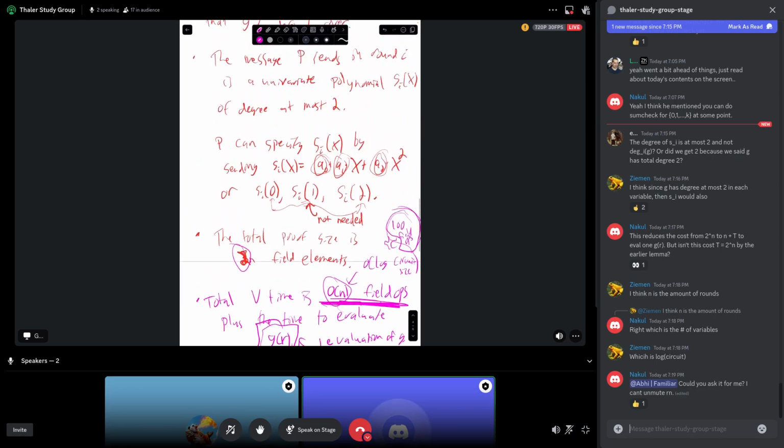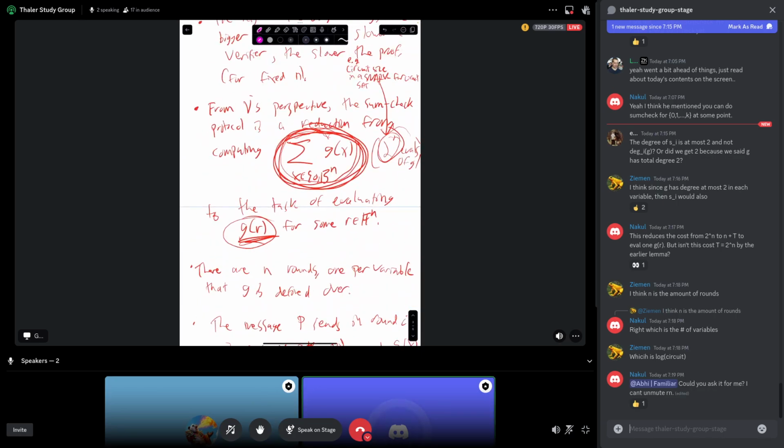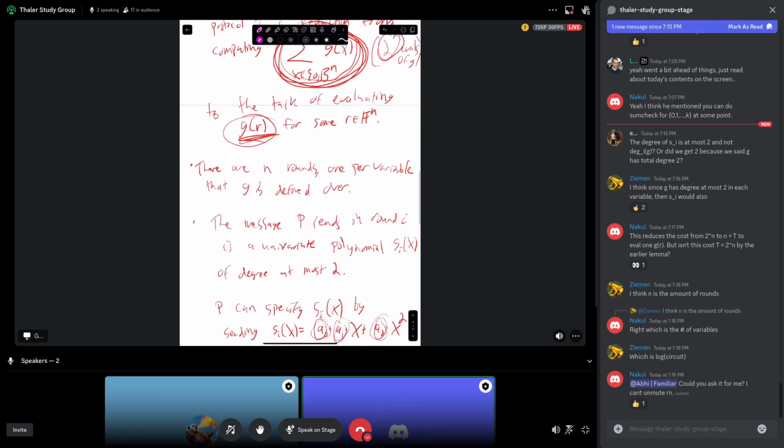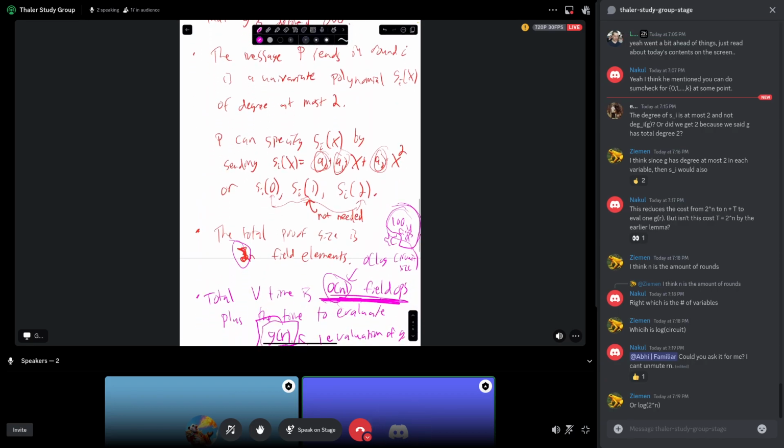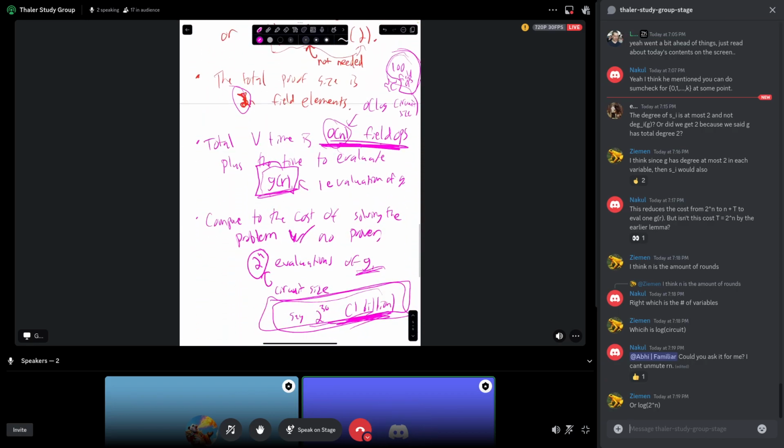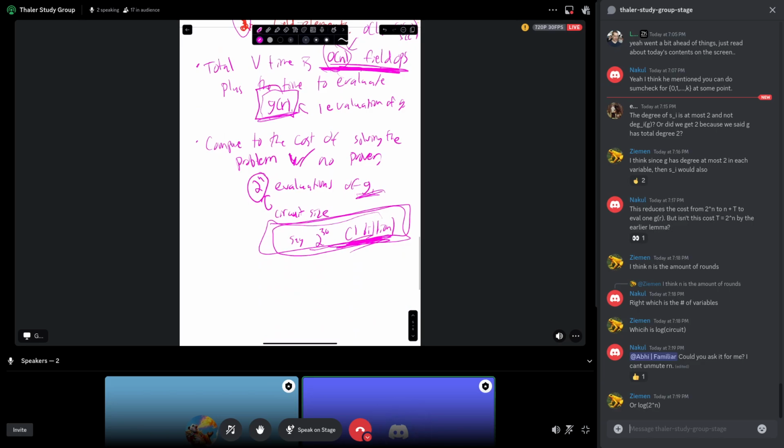Now, without any cryptography at all, it is an interactive protocol. It has 1 round per variable of the polynomial being summed. But it's a public coin protocol, which means you can apply Fiat-Shamir, which is cryptographic in nature, to render this protocol non-interactive.